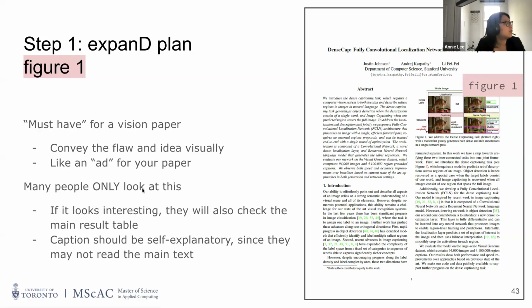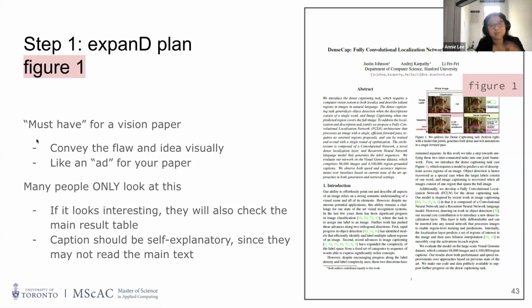One thing, we're going to take a detour right now and talk about the importance of figure one. I always emphasize figure one. I think it really increases your chance of being accepted as a paper when your first figure is really good. The better the figure one, the more likely the paper will be accepted.